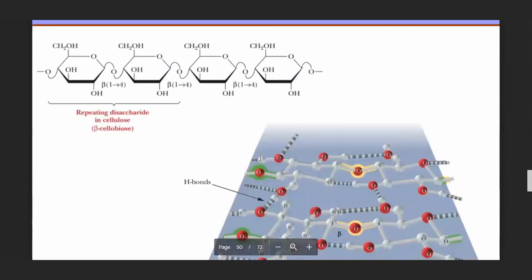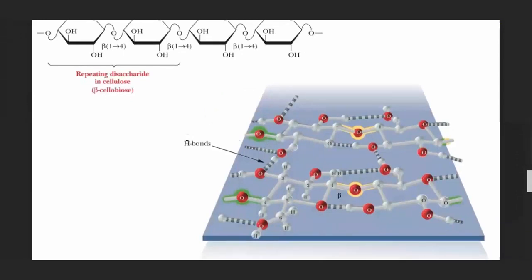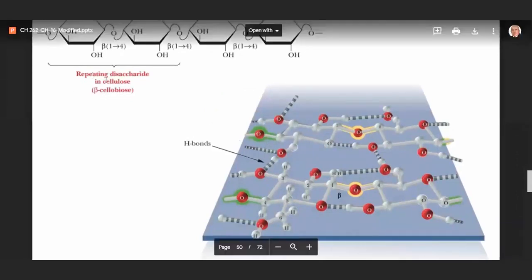Now, if we look at this figure, which shows us the polymeric structure of cellulose, notice here beta cellulose is the repeating disaccharide.